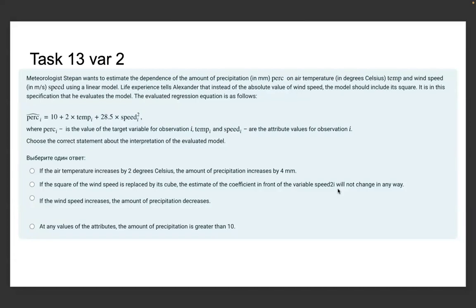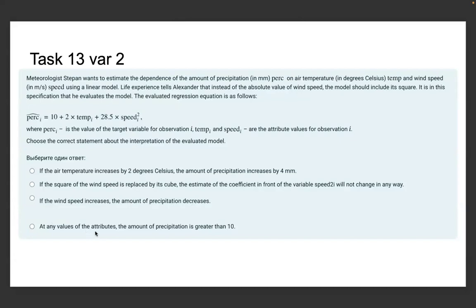If the wind speed increases, the amount of precipitation will decrease. So if speed increases, we can see that we have precipitation plus speed, so the whole expression will increase too, not decrease.